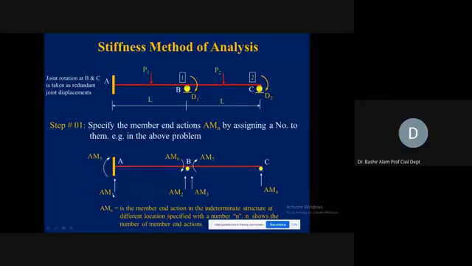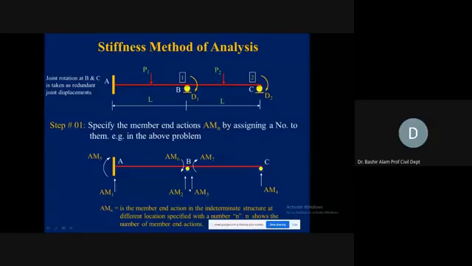Shear or support reaction at A, this vertical reaction, we designate by AM1. Just to the left of support B, the shear is AM2. Just to the right of support B, AM3 and AM4. And here, this is a clockwise rotation. Again, remember, these are your reference directions and they are arbitrary.